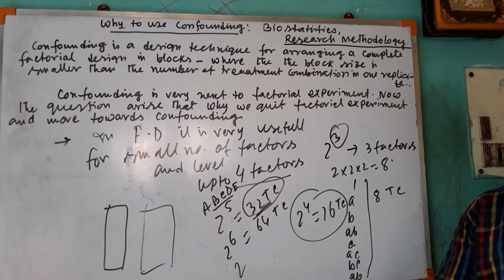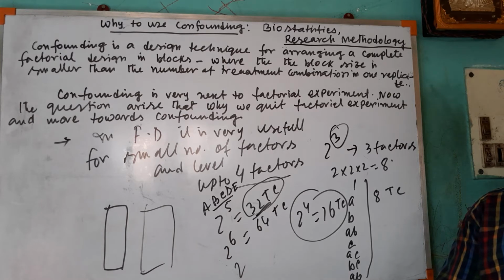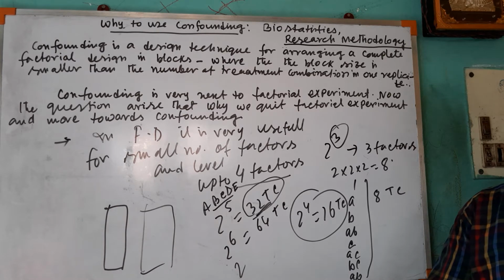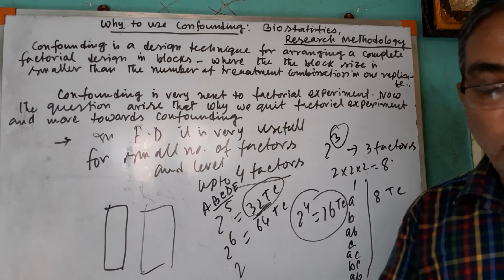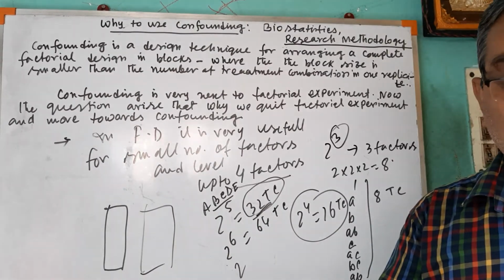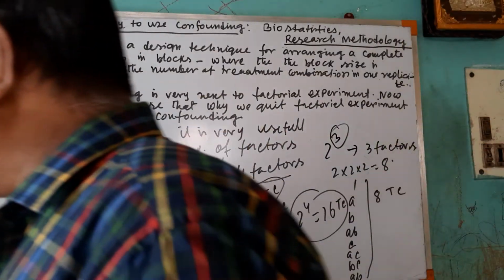So my point of view is that the homogeneity among a small or moderate number of observations is always reasonable, but among large observations it is always questionable. So we are going for confounding.